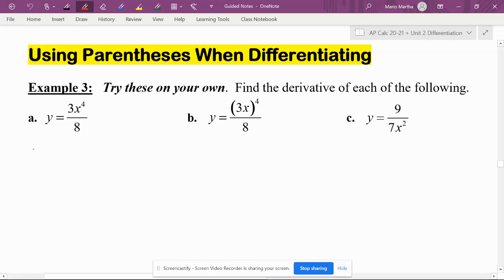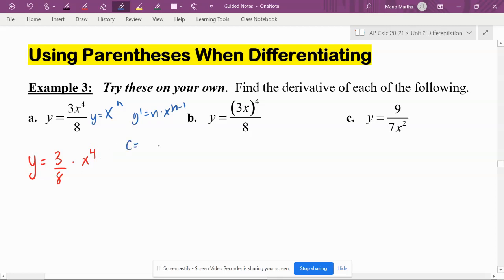So for part A, we have y equals 3 over 8 as our constant, times x raised to the 4th power. Again, we're applying the power property, so y equals x raised to the n, and then y prime would be n times x to the n minus 1. Here we have a constant, which we just saw in the last example.